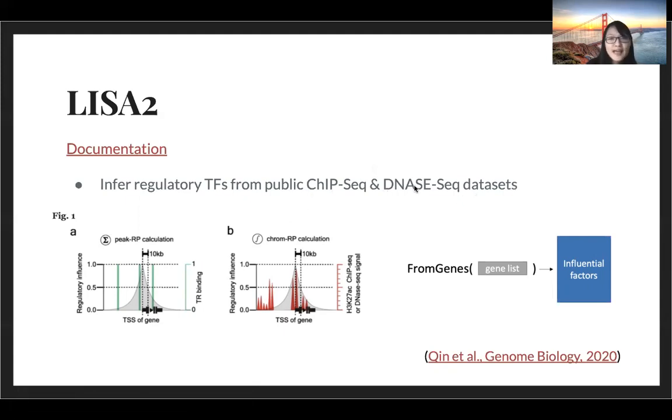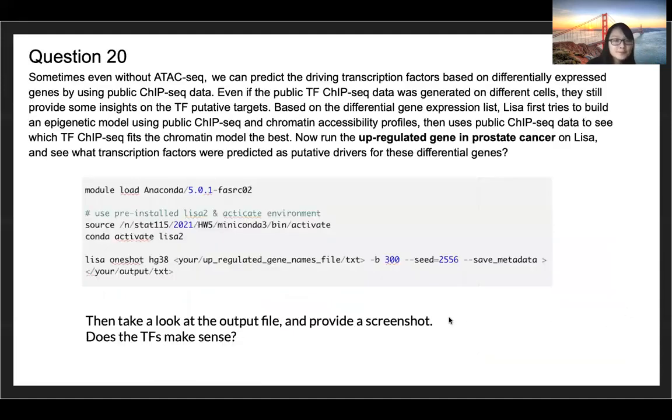And for both types of data, they're still modeling the regulatory potential with the exponential decay model we mentioned before, okay? But anyway, your input will be a list of genes, and the output they give you will be a list of TFs that are thought to be important and enriched for these genes, okay?